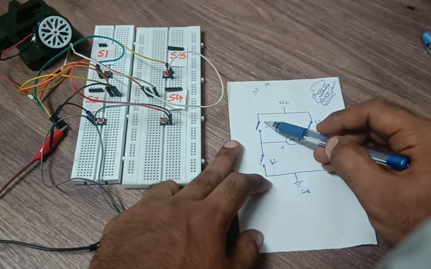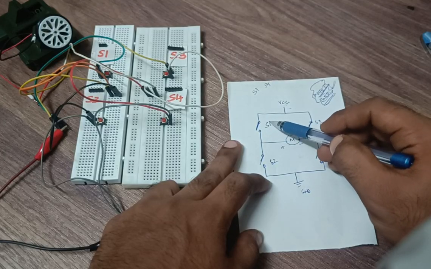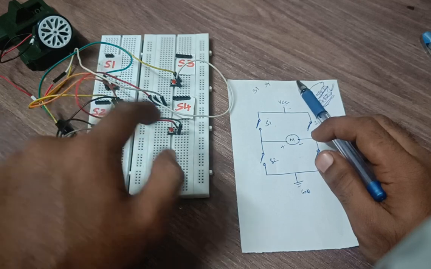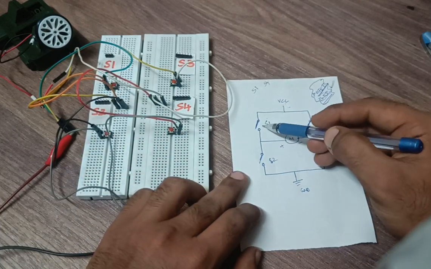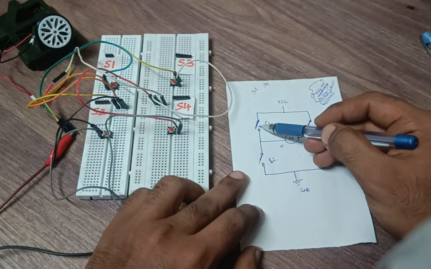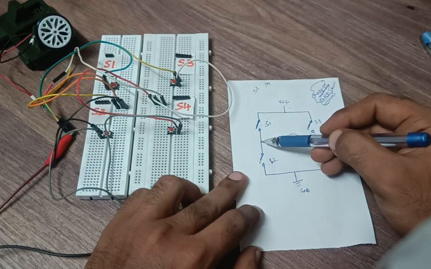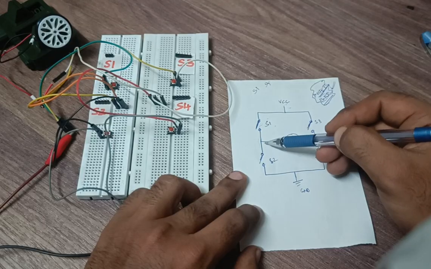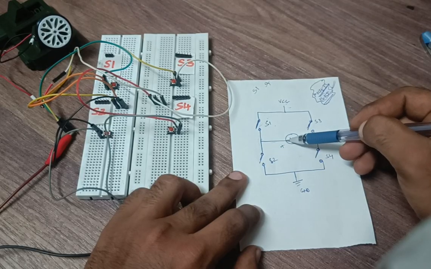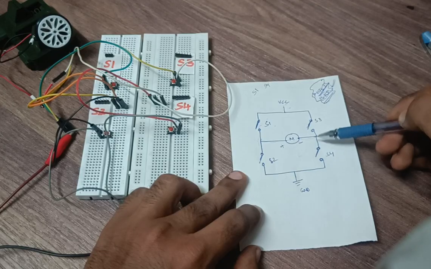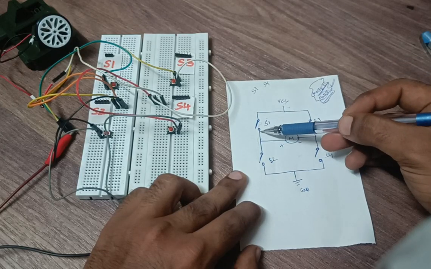But until we press this S1, the electrons won't flow to the next point. Once we press this button, the connection will get closed and the electrons will flow here. Imagine the electrons go till here, and it waits till here. So it has two options now.